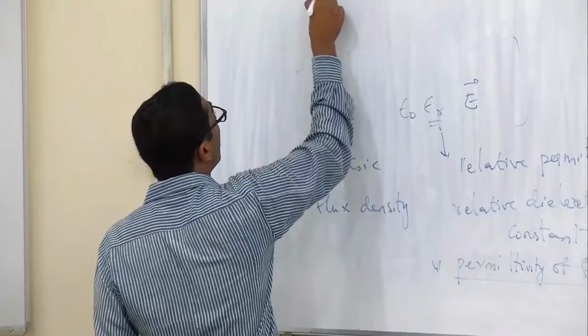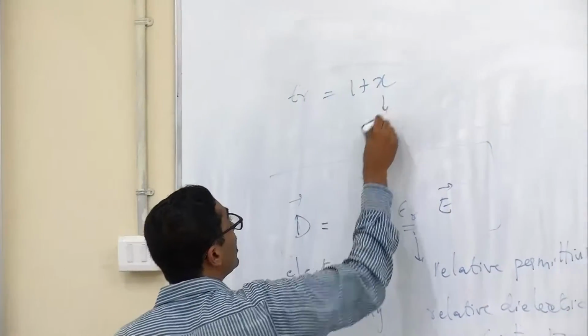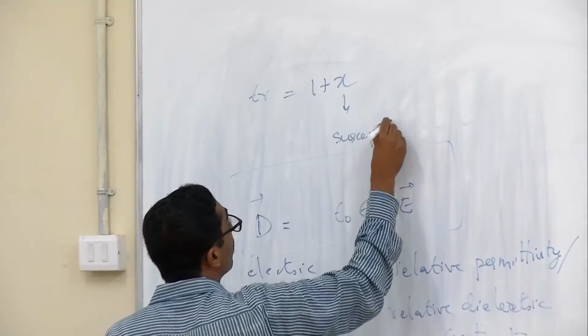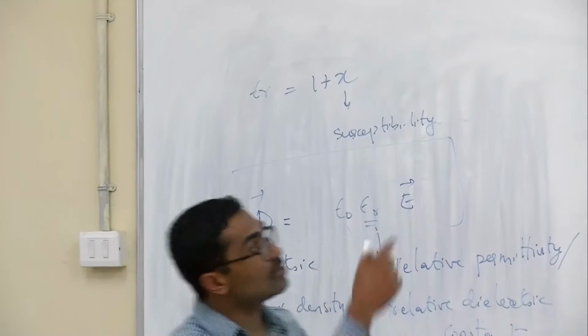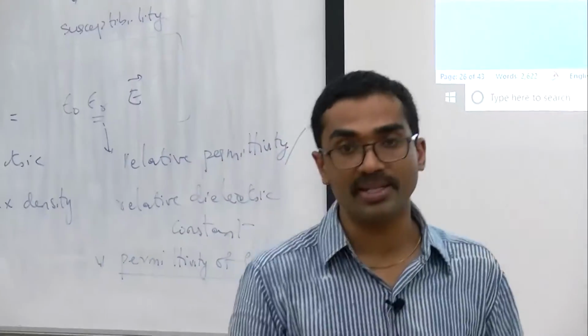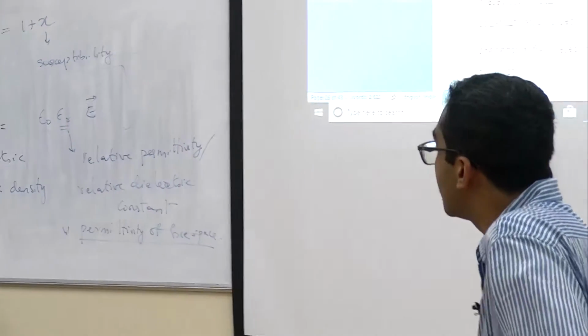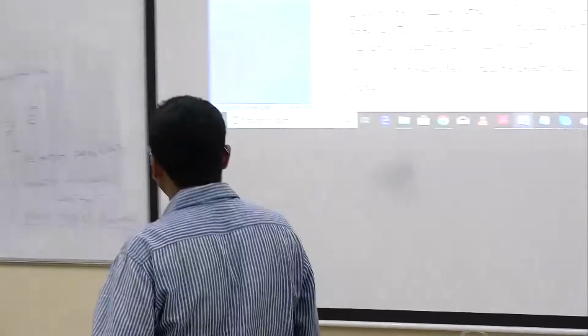And this epsilon R can be written as 1 plus chi, and this chi is called susceptibility. That's what I have written there. Dielectric constant epsilon R is equal to 1 plus chi, and that is the susceptibility. 8.85. Correct.